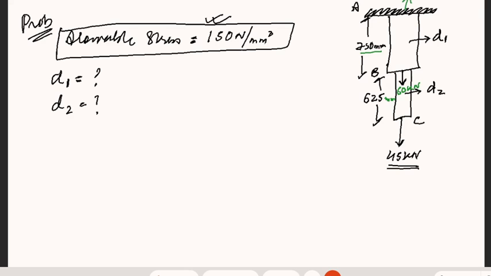To bring it into equilibrium, it has to give tensile forces. So firstly we will see what the total tensile force is.